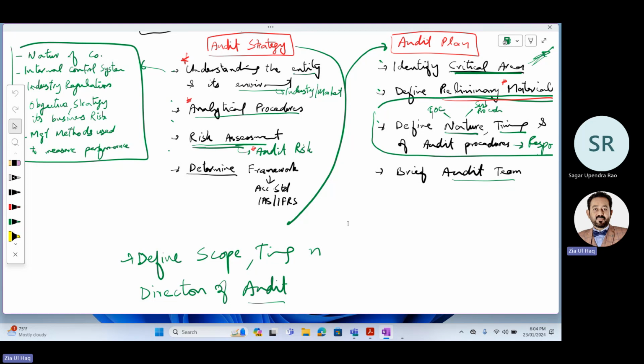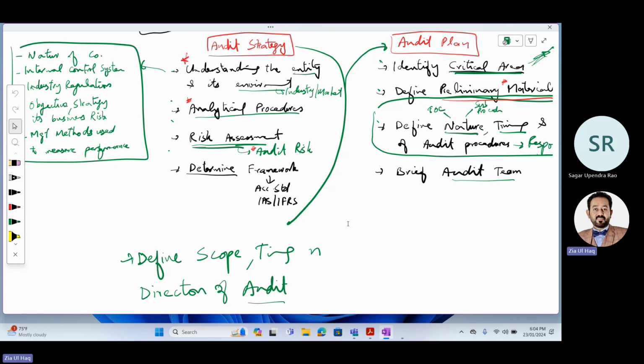We should obtain knowledge of the control system, obtain knowledge of objectives, strategies, and related business risk, and obtain knowledge about management methods used to measure its performance. The examiner can ask these points in an MCQ, so you should be aware of these 5 points.